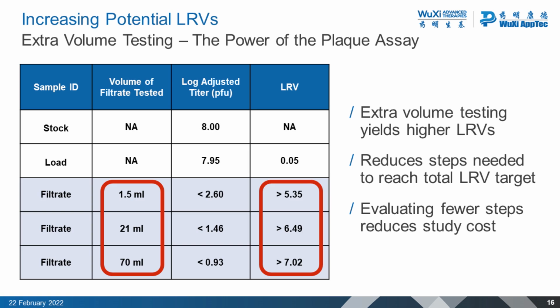When 21 mLs of sample is tested, we could achieve almost 6.5 logs of clearance. And with 70 mLs, we may see greater than 7 logs of clearance. This is a simple to execute change in the lab, which can add greater than 1.5 logs of virus reduction for a single step. Large volume testing for product-containing samples could allow a client to evaluate fewer process steps overall, which would then reduce the study cost and time.